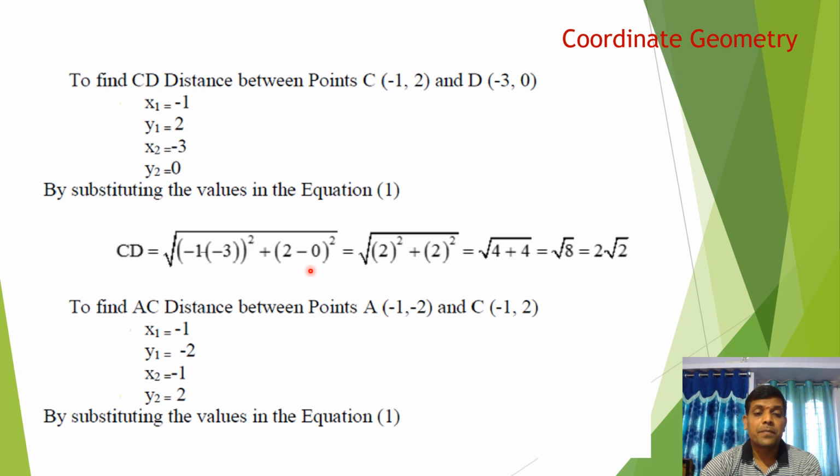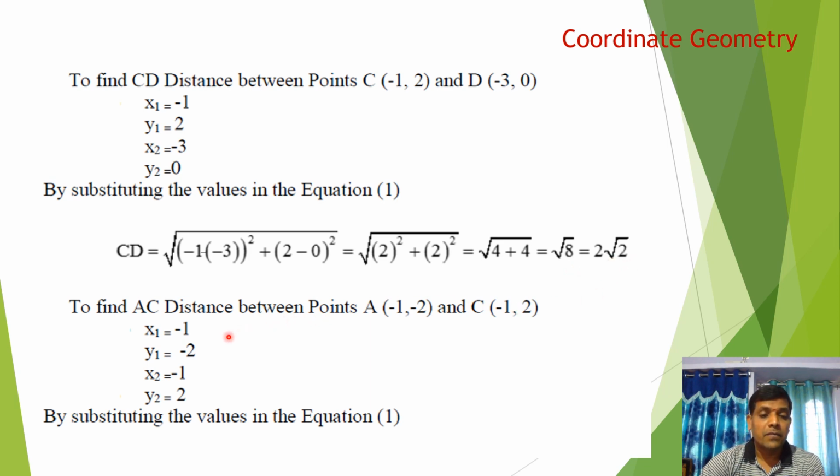Now next step, root over minus 1 minus into minus, plus 3, means minus 1 plus 3 you get 2. So 2 square plus 2 minus 0 means 2 square. This is written as square root of 2 square plus 2 square. 2 square means we get 4. This is written as root over 4 plus 4. Root over 4 plus 4 is written as root over 8. Now last, root over 8 is written as 2 into root 2 units.